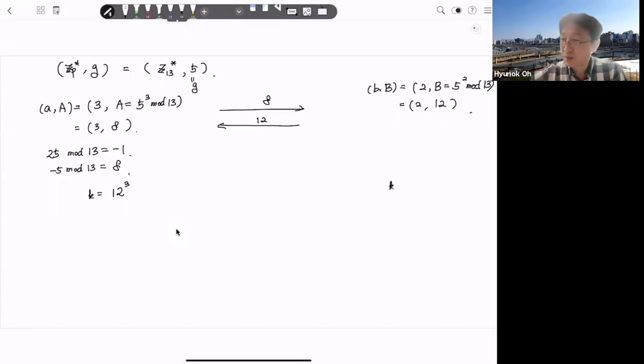And Alice is computing 8 to the 2. So this cube here mod 13, what's the value?